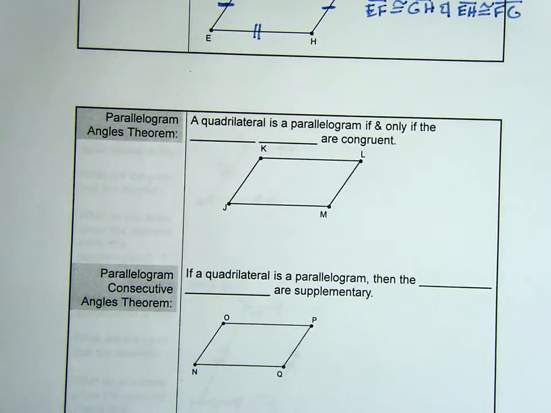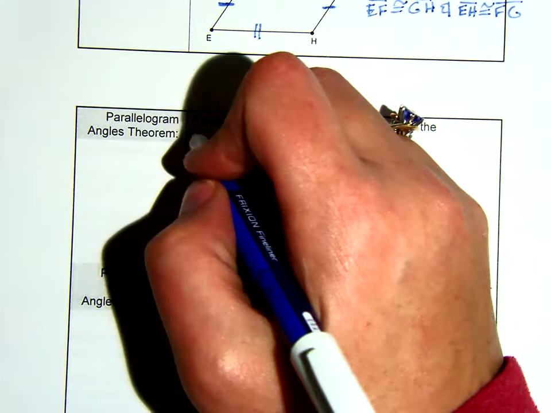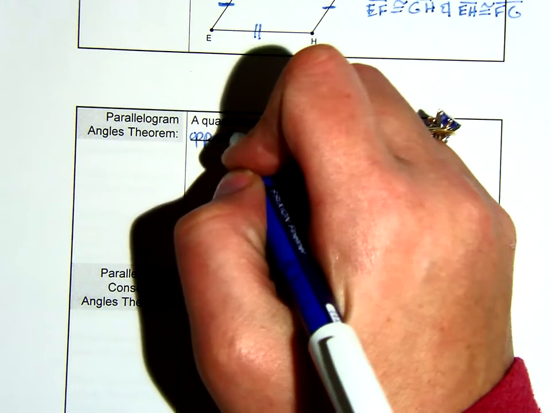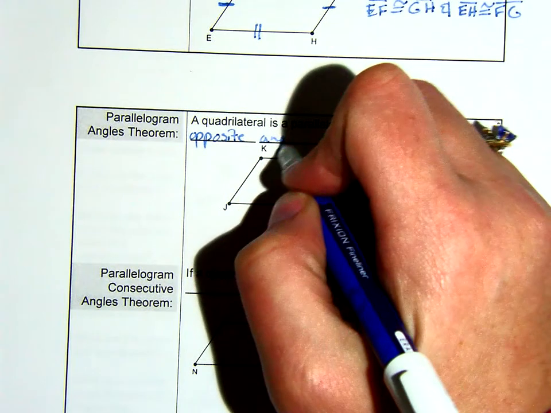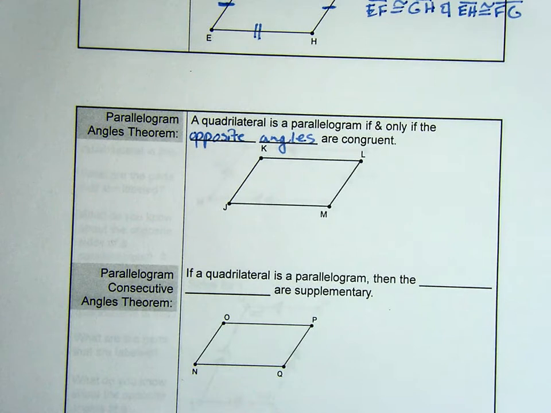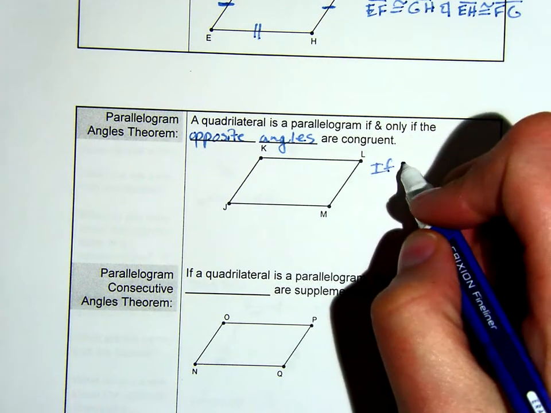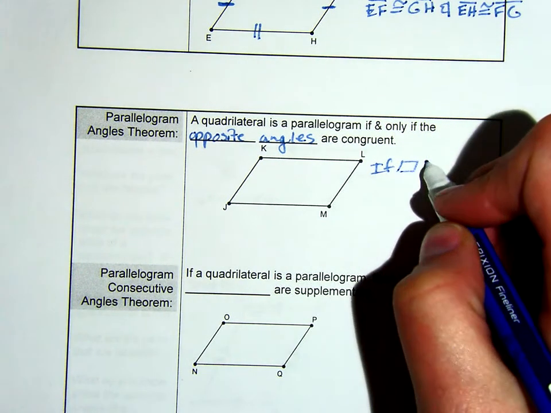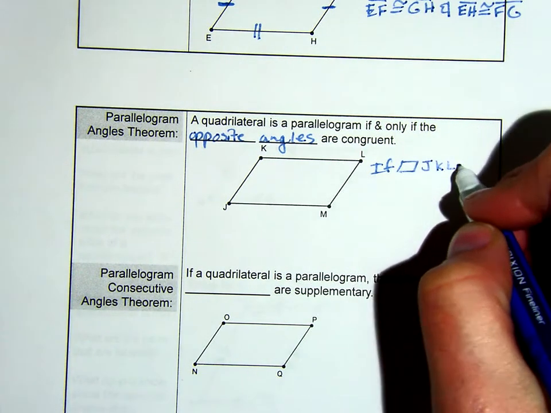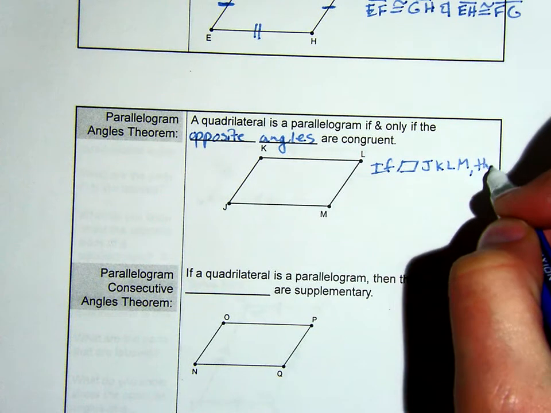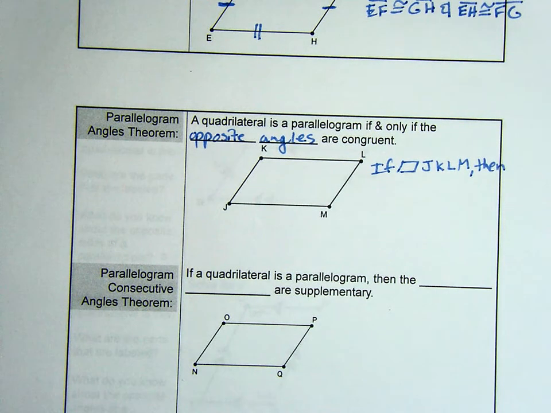Parallelogram angles theorem. A quadrilateral is a parallelogram if and only if the opposite angles are congruent. So, if parallelogram JKLM, then our opposite angles are going to be congruent.